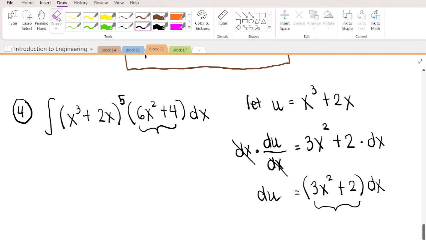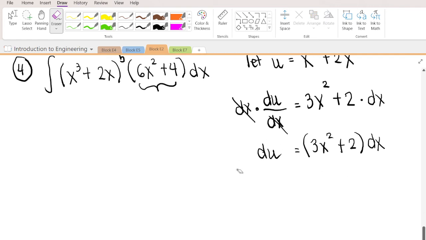So if you have the mathematical intuition already, you will notice that 3x squared plus 2, when I multiply it by 2, I will get 6x squared plus 4. Right? So what you can do here is actually force the equation to have a value of 2 for both sides.